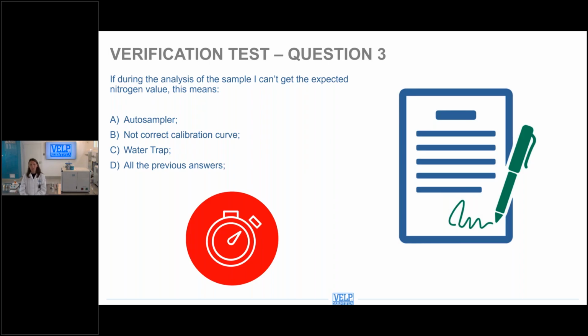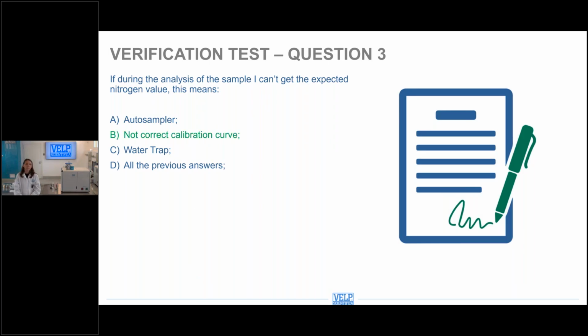I just leave you a couple of seconds more to answer. So the correct answer is B, not correct calibration curve. It's very important to create a calibration curve with the range in order that the expected value falls in the middle of the calibration curve.